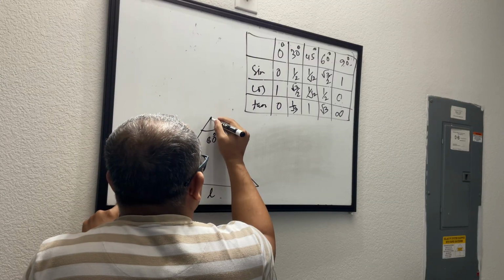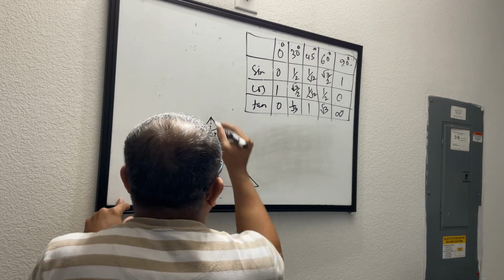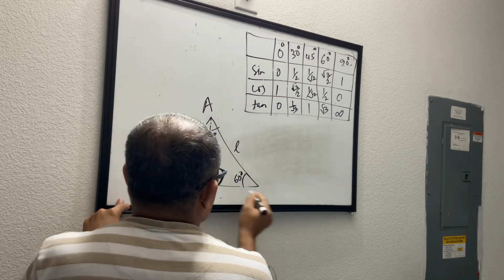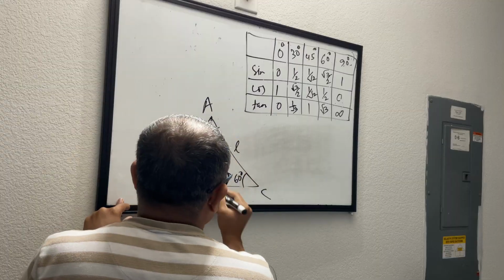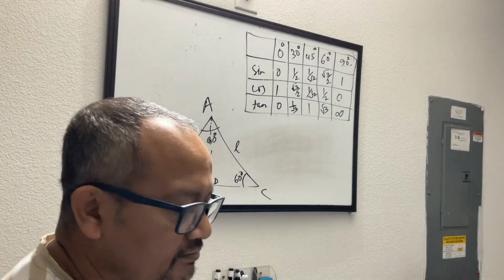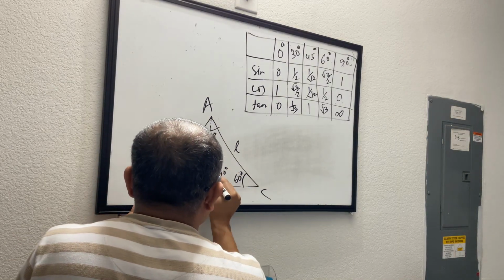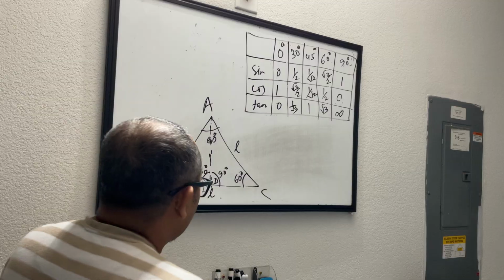Let's drop a perpendicular from here to the opposite side. So this was A, B, C. When I draw the perpendicular from here to here, it is meeting at a point D. And this angle is obviously 90 degree. This angle is also 90 degree. What did we do?